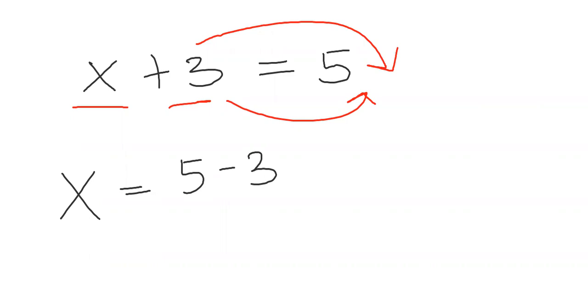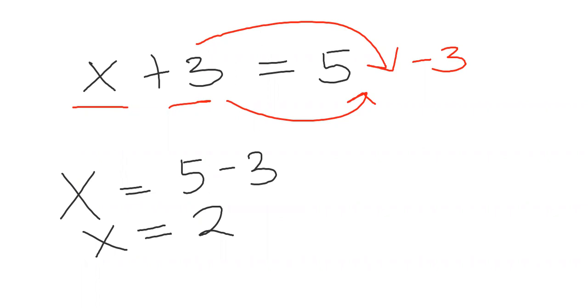So that positive 3, when it gets this side, it becomes a negative 3. So rewriting our equation, we are going to now have x is equals to 5 minus 3. Then it means you can now solve your equation. 5 minus 3 gives us a 2. So, which means solving this equation, we get the value of x as 2.